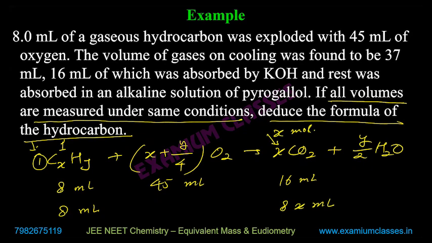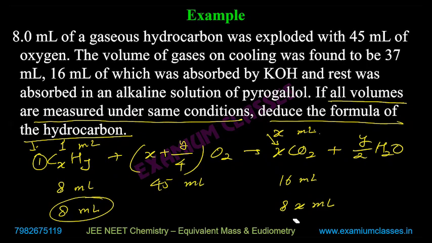Is this clear or not what I am saying? 1 mole will produce X mole, or you say 1 milliliter will produce X milliliters of carbon dioxide. It means 8 milliliter will produce 8 into X milliliters of carbon dioxide. Is this clear or not? Yes, sir.